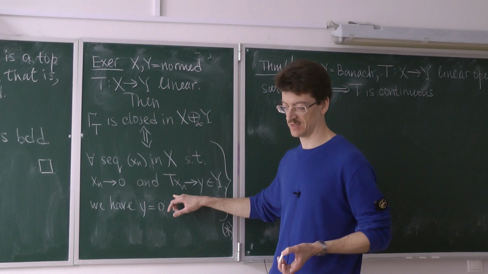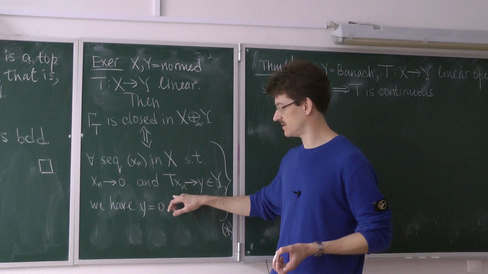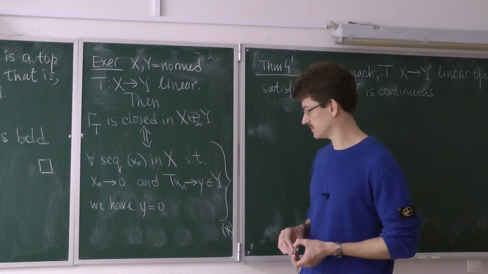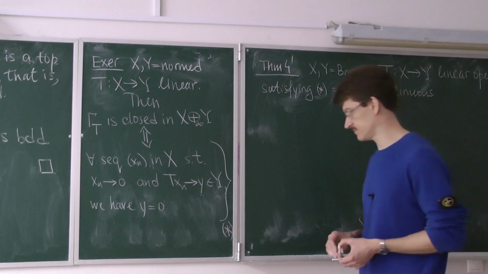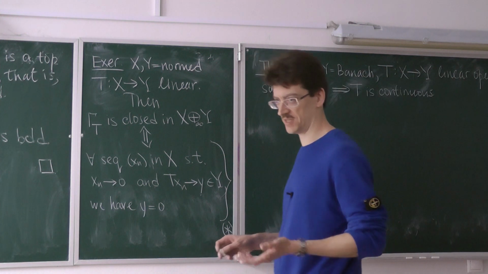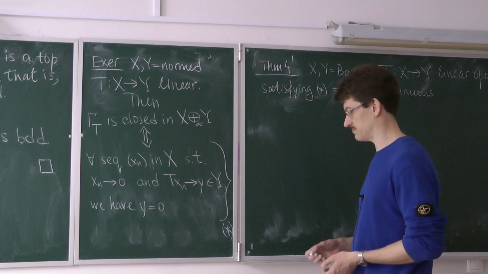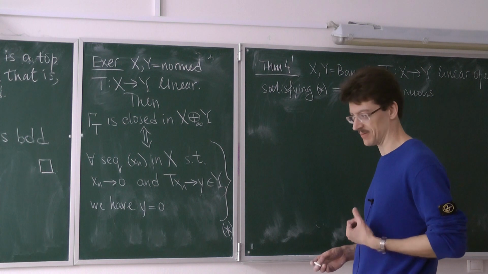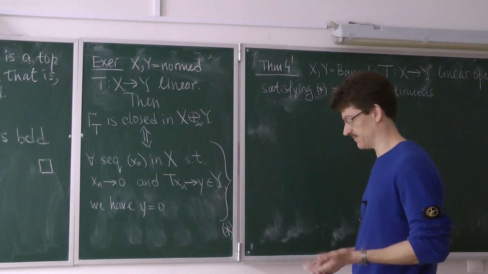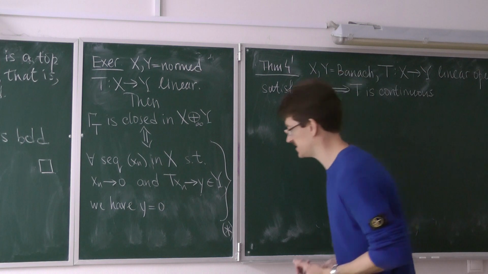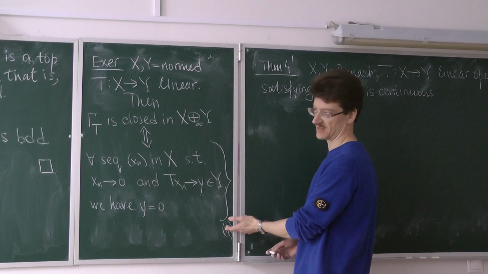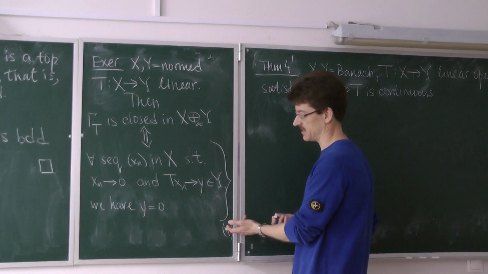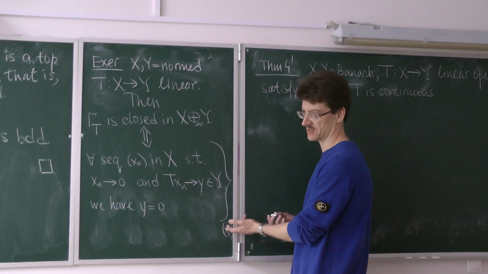If T is just a linear map, we can sometimes choose xn going to 0 such that T xn has no limit, of course if T is unbounded. But if you want to prove that T is bounded, or equivalently continuous, the point is that we can check this condition, which is easier than proving the continuity by definition.